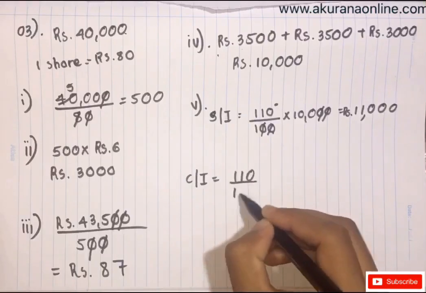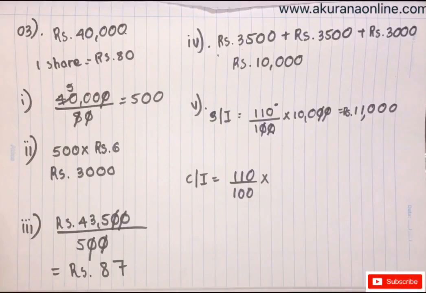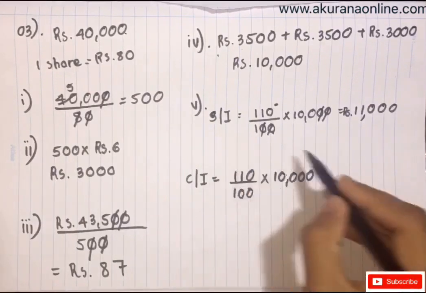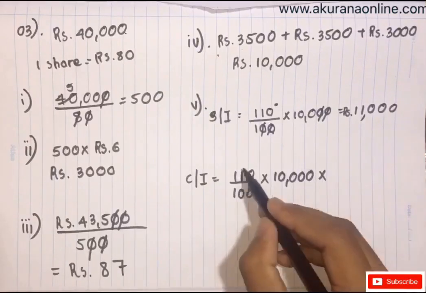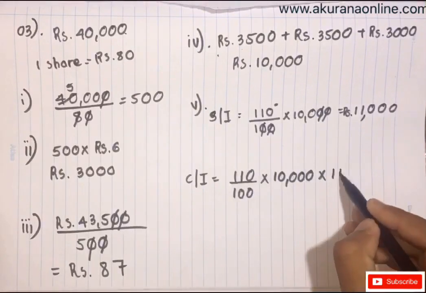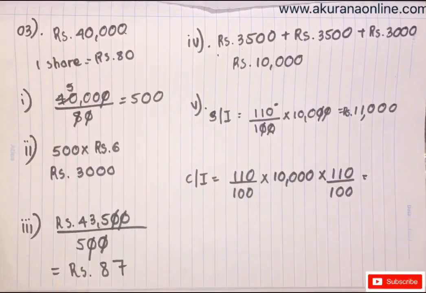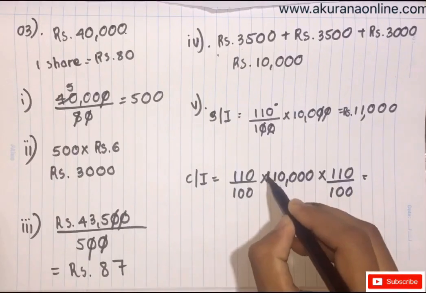110 over 100 is, 110 is for 100, means how much for 10,000. Now this is for 1 year. Again you have to multiply this by the same fraction, 110 over 100. Got the equation? Okay, now let us simplify and check, and don't forget to mention the units.